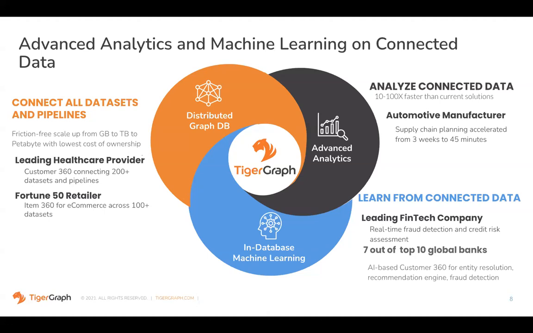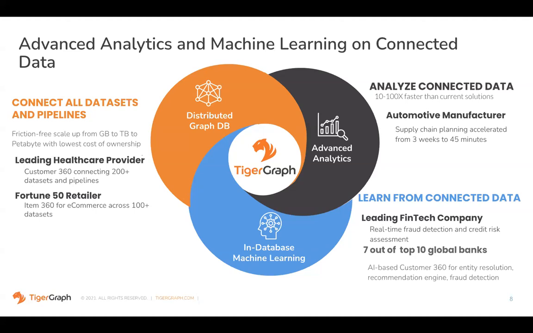So when we connect, what do we mean? We connect all of the data sets that are both internal as well as external data sets, pipelines coming in. So the way TigerGraph is designed is to ingest data easily and incorporate that. And this is borne out by the fact that one of our customers, who's a leading healthcare provider, is able to connect more than 200 data sources.